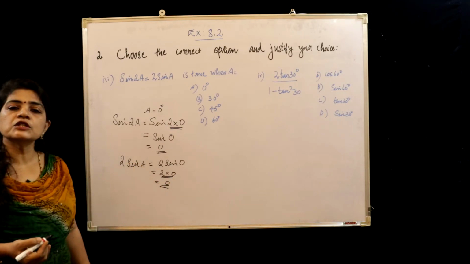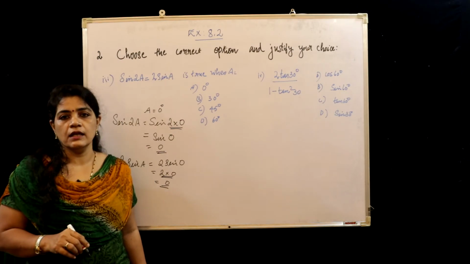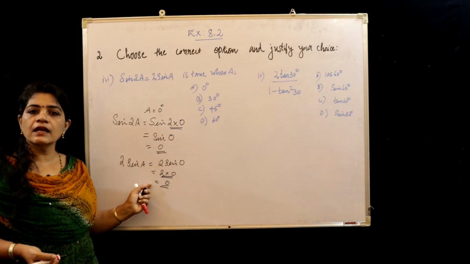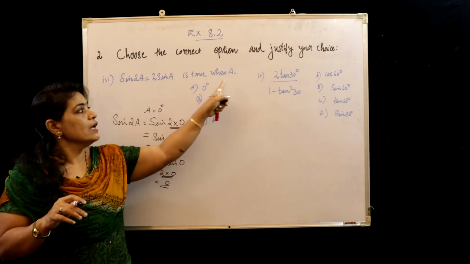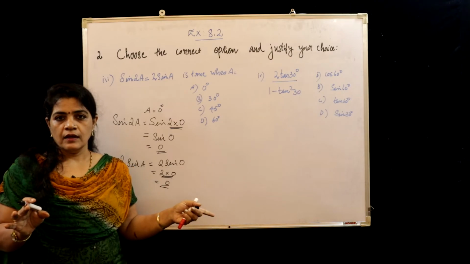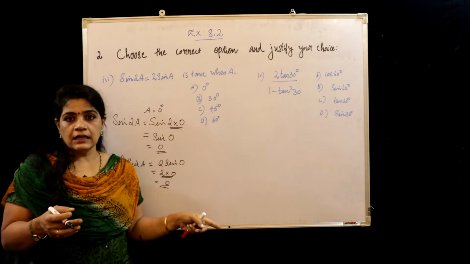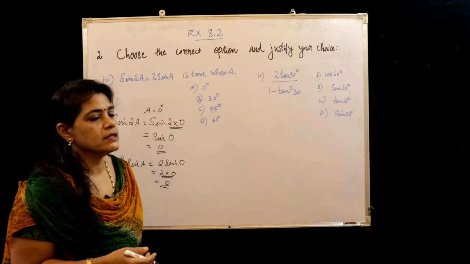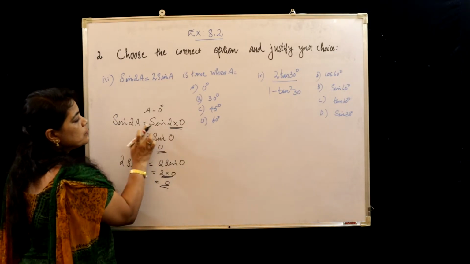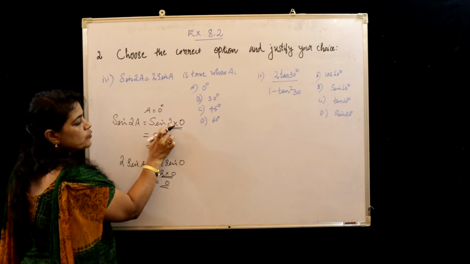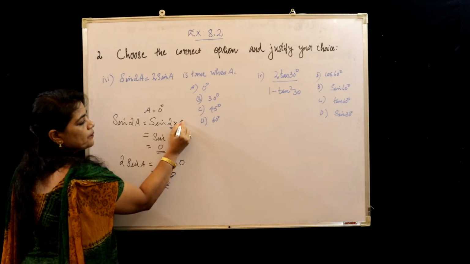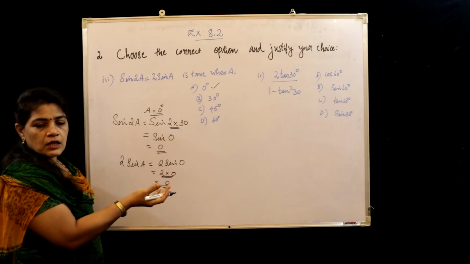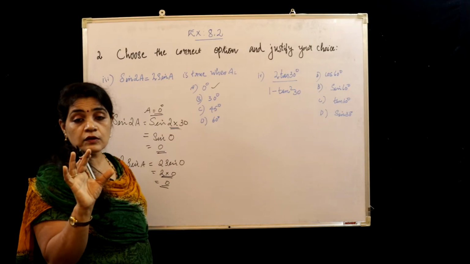When we substitute A as 0 degree, we have seen that sine 2A equals 2 times sine A. So here A equals 0, LHS equals RHS, so A equal to 0 is a correct option.